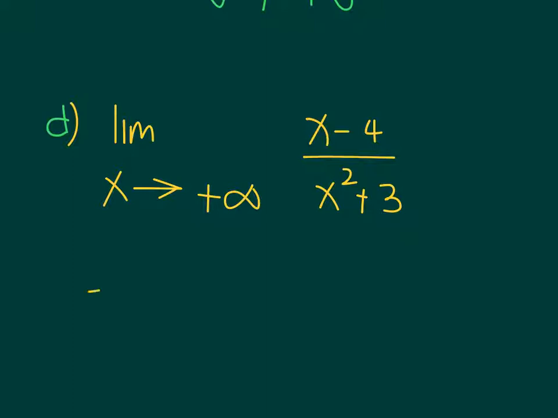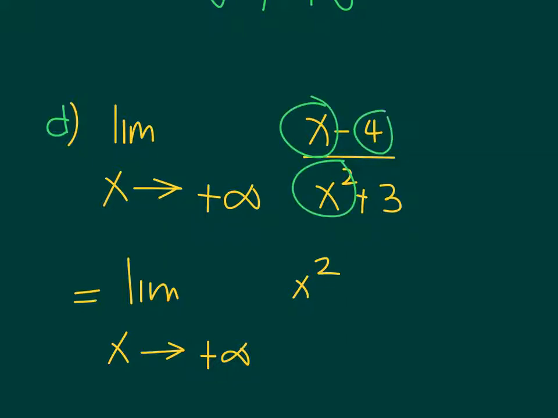Okay. There are different techniques when dealing with limits at infinity. So our technique will be to factor out the supposed highest degree. Okay? When you look at the values of x, even the constant, the highest degree is 2. So we have to factor out x squared in the numerator and in the denominator.